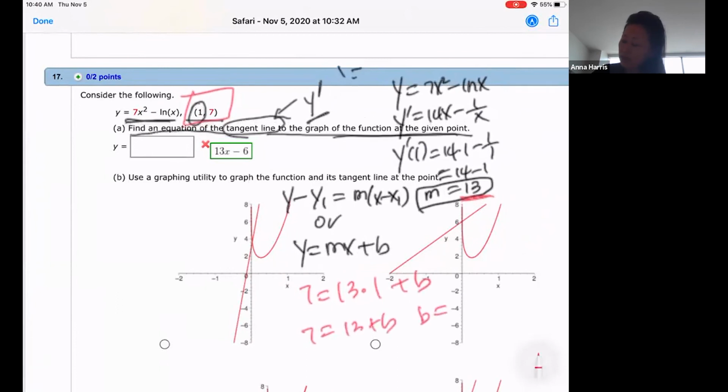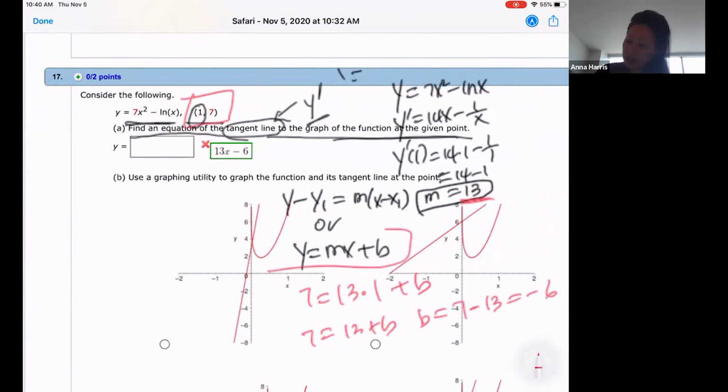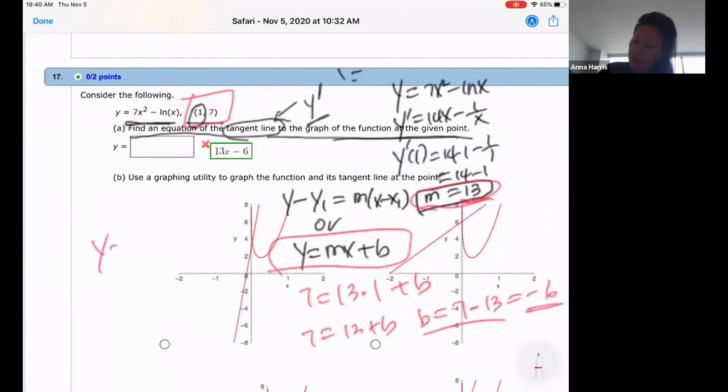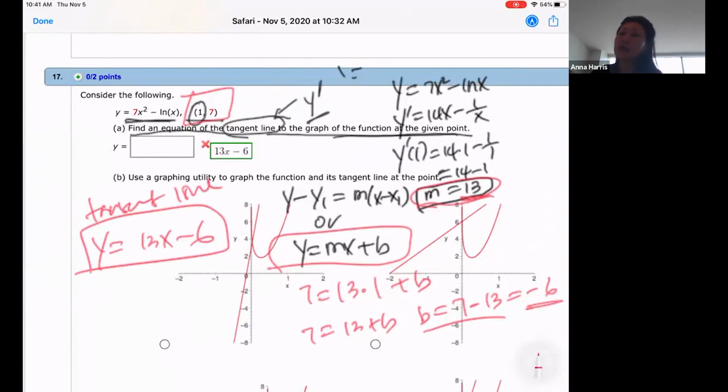So b is equal to 7 minus 13, which gives me negative 6. So I got my equation. I'm going to just plug it in. m is this, b is that. So I got y equal to 13x minus 6. So that's my tangent line. Because I know you will have a problem like this, look at this problem so you know how to do it.